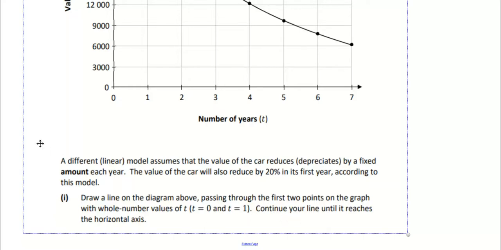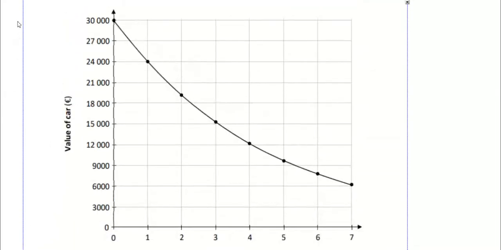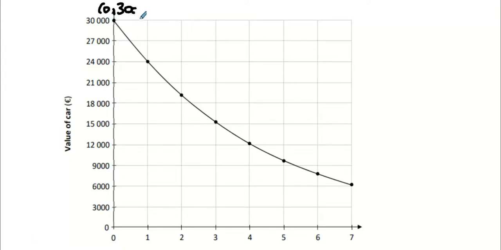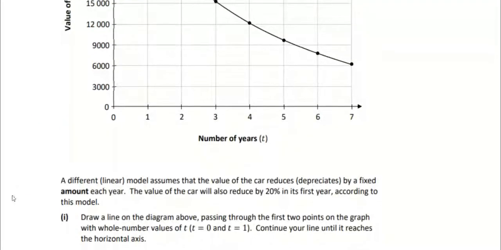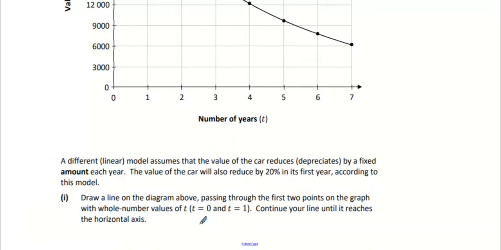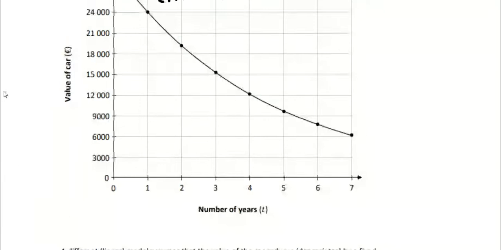So it wants me to do the same first 2 points. It still wants me to do 0, 30,000, and it still wants me to do 1, 24,000. So it wants me to draw a line through these 2 points and then continue until it reaches the horizontal axis.